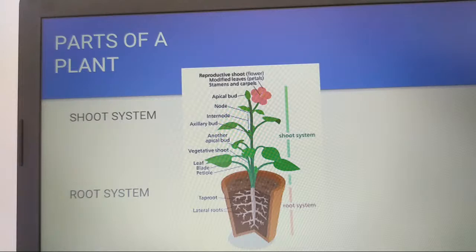Now here in the module, you can see the green part of the plant is above the ground, which includes organs such as leaves, buds, stem, flowers, and fruits. And as you can see, it is developed above the ground.